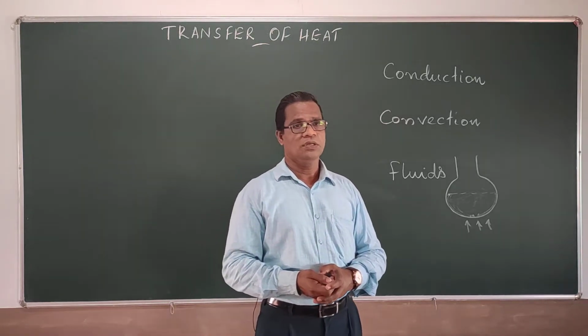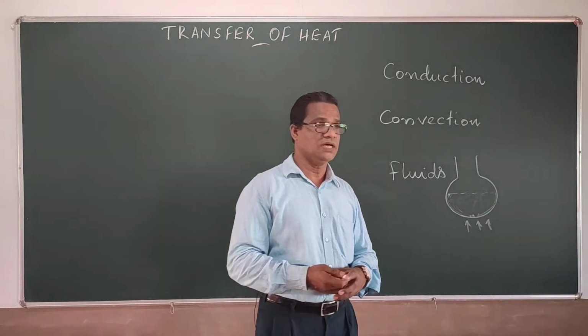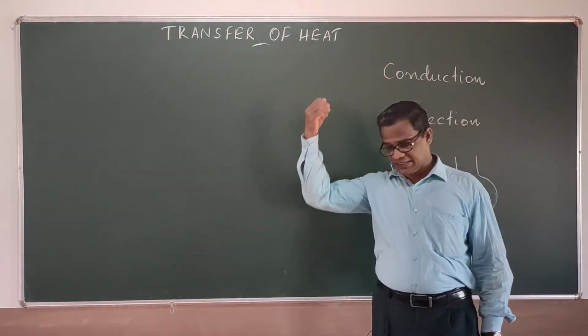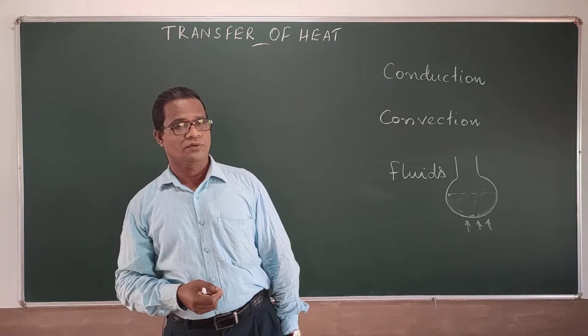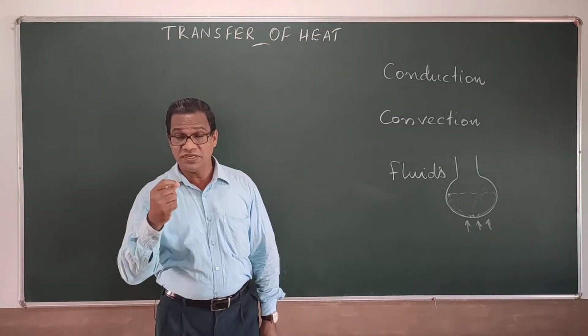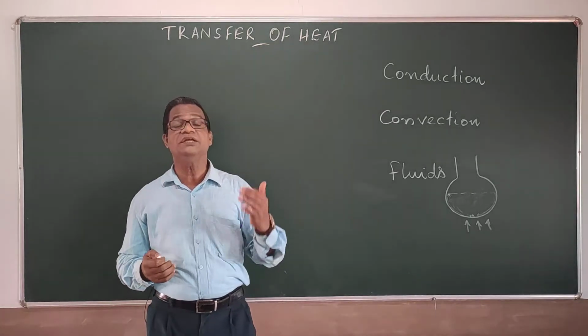Okay? Now we can consider another type of heat transfer. The heat from the sun is reaching the earth. Heat from the sun reaches the earth at the very same time the light reaches the earth. So along with light, heat is also coming.